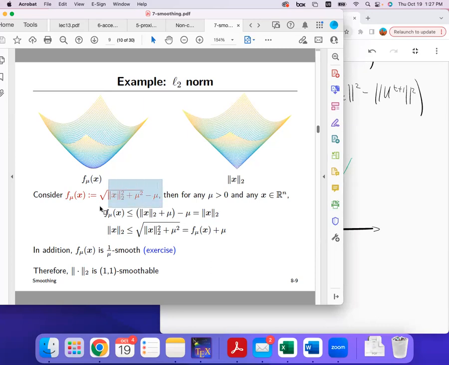We simply construct such a function. You can see if mu equals 0, we simply reduce to the L2 norm. So if mu equals 0, f mu equals f. And moreover, this turns out to be a valid smooth approximation of the L2 norm function.